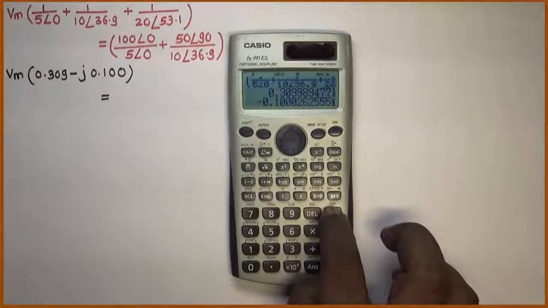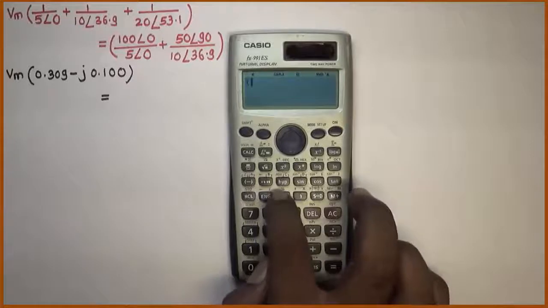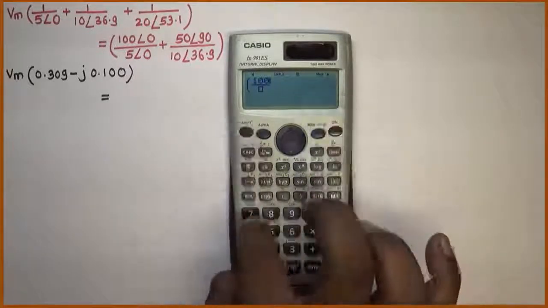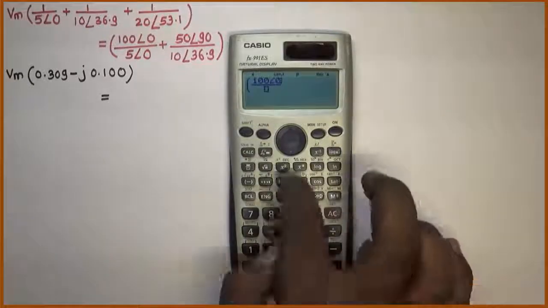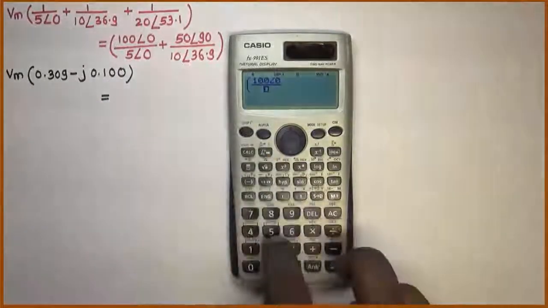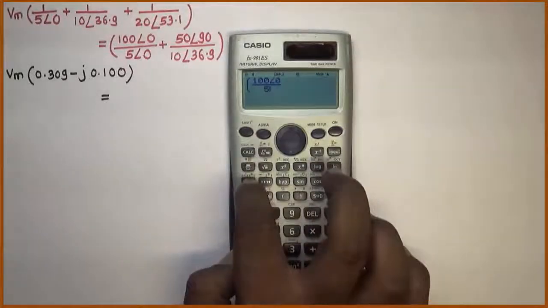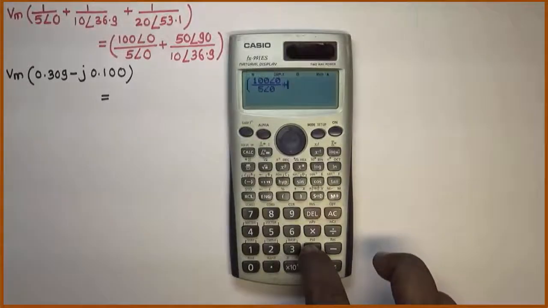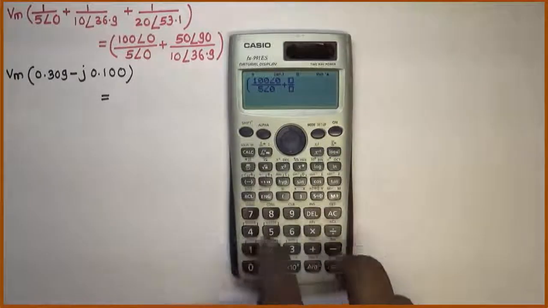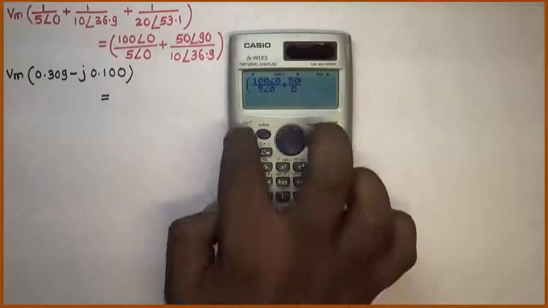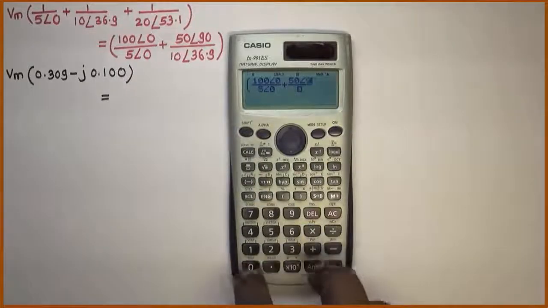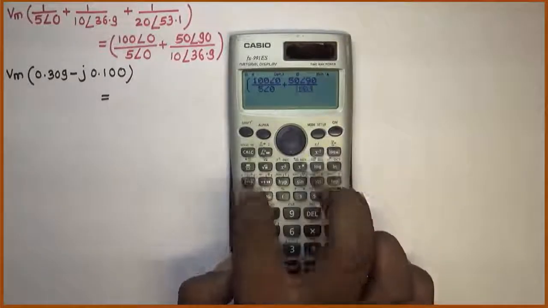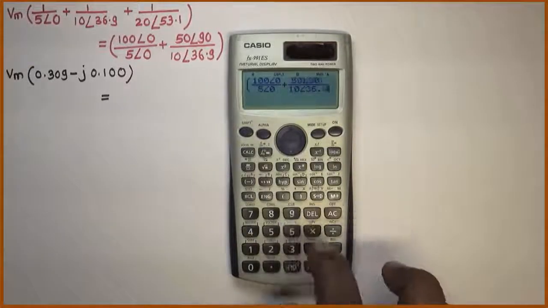First I clear the screen. Bracket, division symbol, 100 angle 0 divided by 5 angle 0, first number is entered, plus division 50 angle 90 divided by 10 angle 36.9.